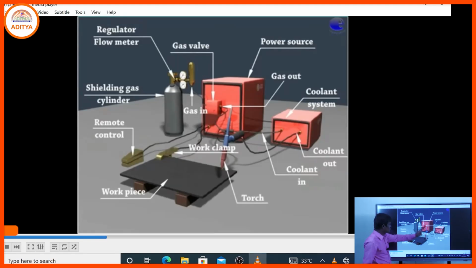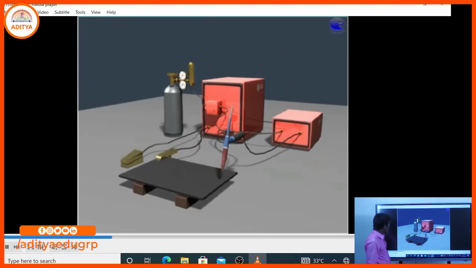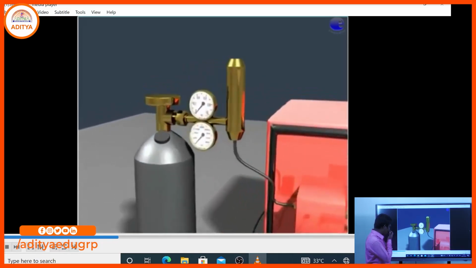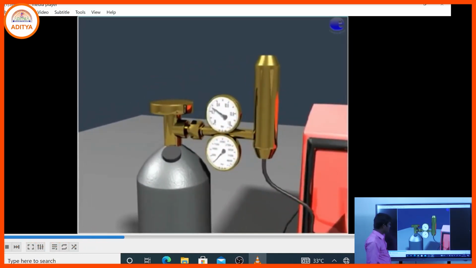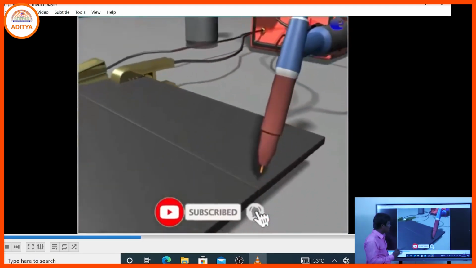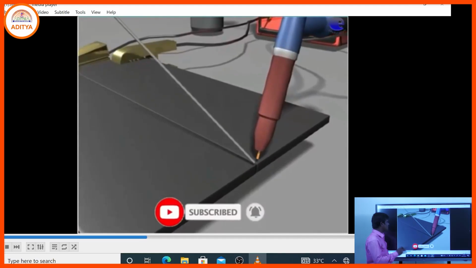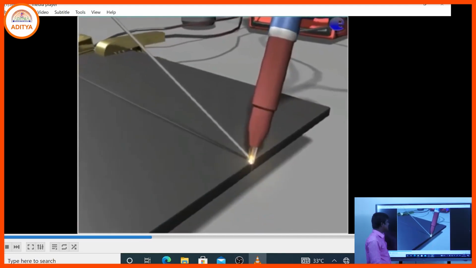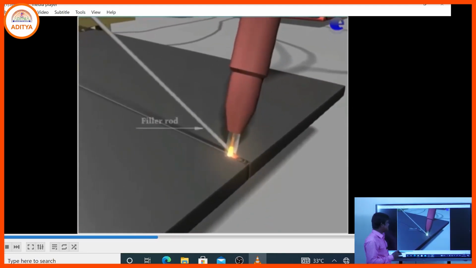That is the welding torch. One pressure gauge measures the shielding gas flow pressure, and one pressure gauge measures the pressure inside the cylinder.